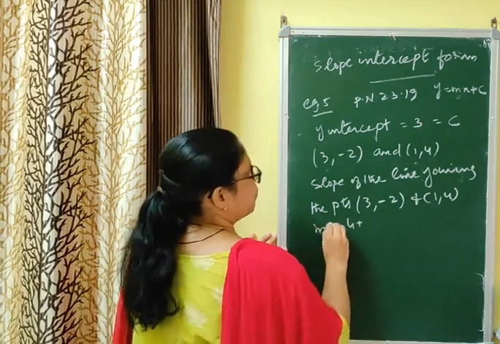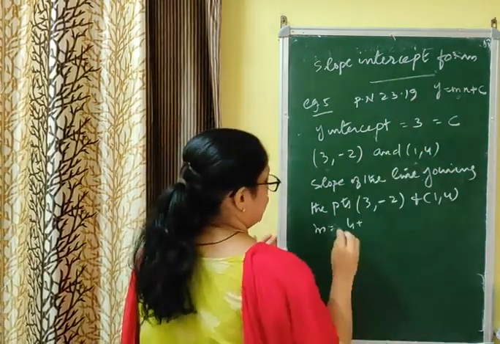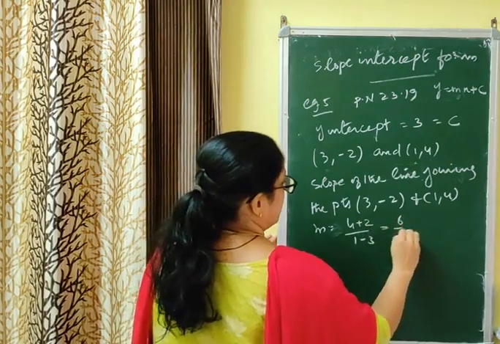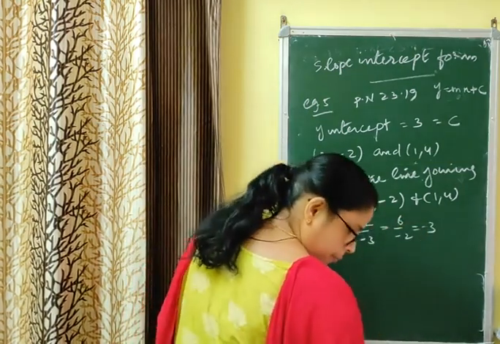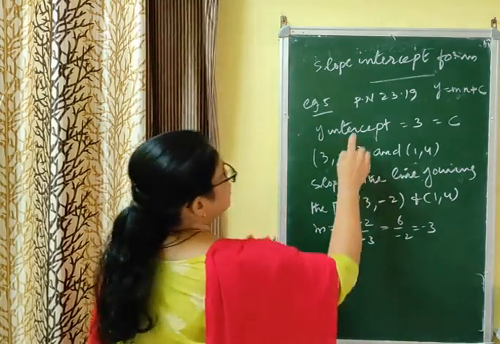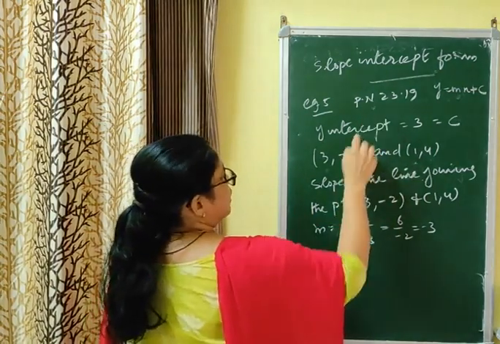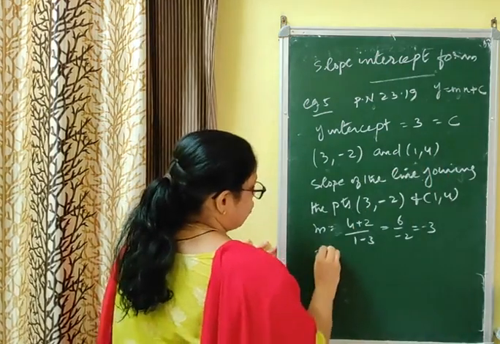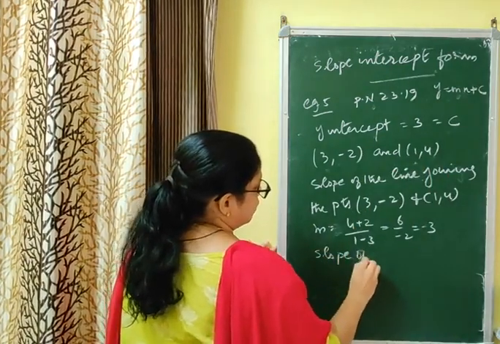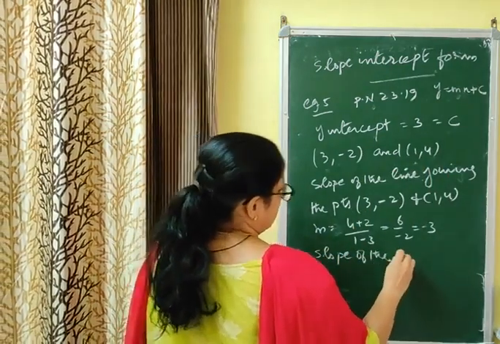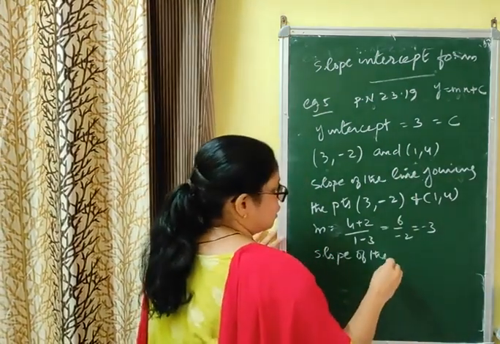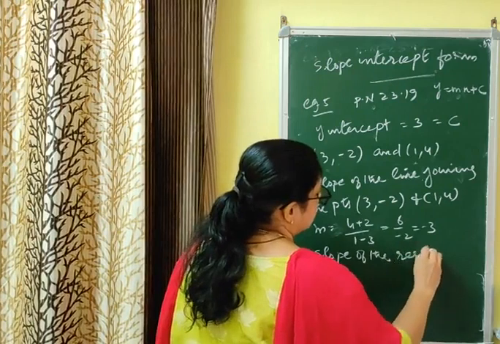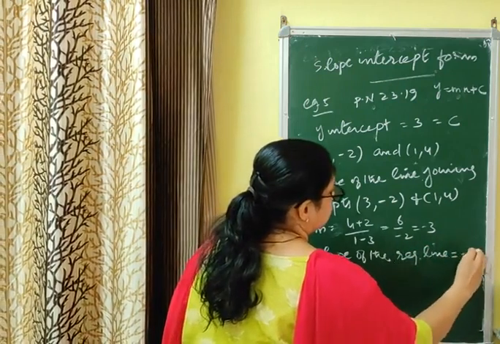This can be written as m as per the formula. 4 plus 2 upon 1 minus 3, that is 6 upon -2, that is -3. Since the given line is parallel to the line segment joining these 2 points, the slope of the required line, the line whose equation is asked to be found out, is equal to -3.